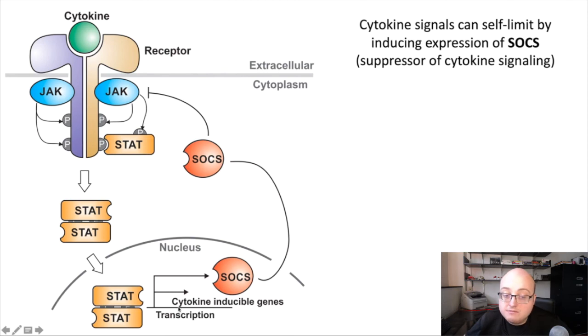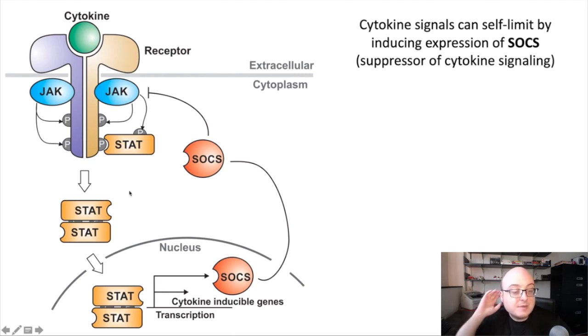It's going to induce genes which we've discussed, like inflammatory genes, but it's also going to induce negative regulatory genes like SOCS, or suppressor of cytokine signaling. When SOCS is created and translated, it goes back and is an inhibitor of JAK signaling. So you can see this negative feedback loop. When we make SOCS, it inhibits JAK, which short circuits the signaling, and now the cytokine receptor signaling is basically turned off.